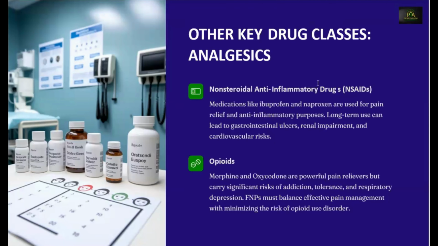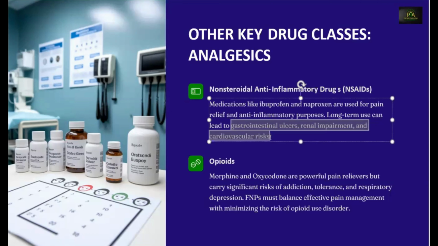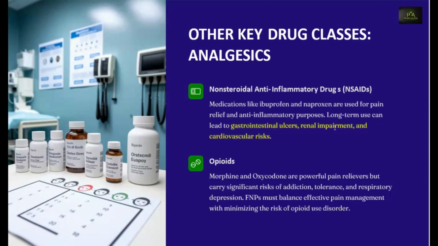Then know your analgesics, NSAIDs. There's a lot of questions on NSAIDs. We can use NSAIDs for gout, which is the first line treatment for acute gout. But then know that NSAIDs can affect all the systems. Gastrointestinal, it can cause bleeding. Renal impairment, it can affect the kidney.